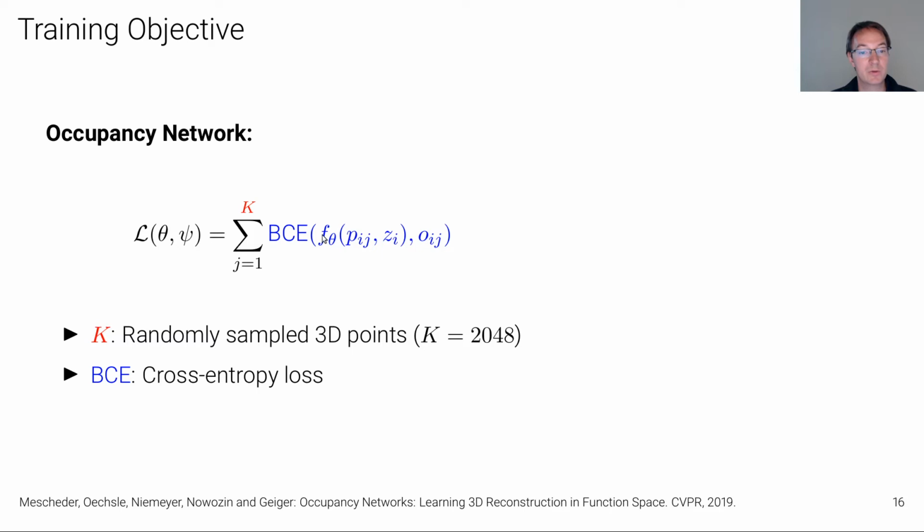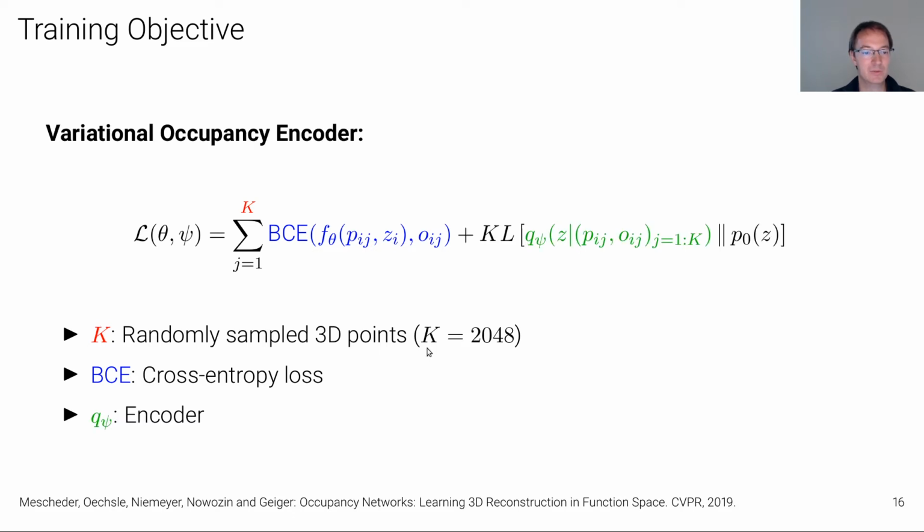And then we compare this to the prediction of the model f theta at that corresponding point location and given that image condition that corresponds to this label. And we do this for all randomly sampled 3D points in the mini batch. In practice here we use 2048 points in a batch during training.